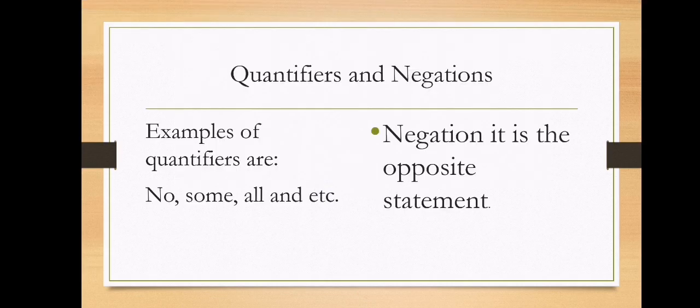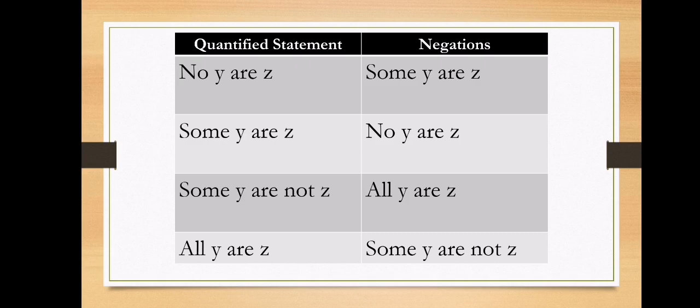Quantifiers and negations. Examples of quantifiers are no, some, all, etc. The negation is the opposite of the statement. So we have a quantified statement and its negation.